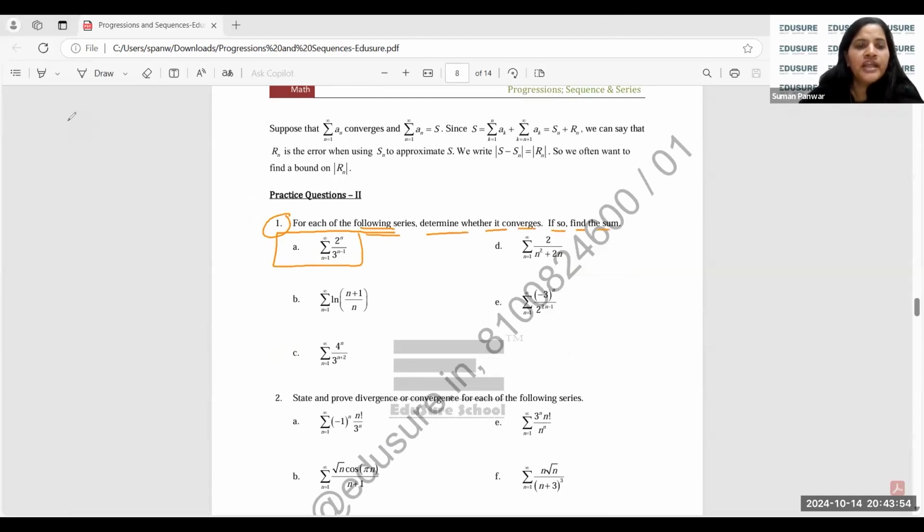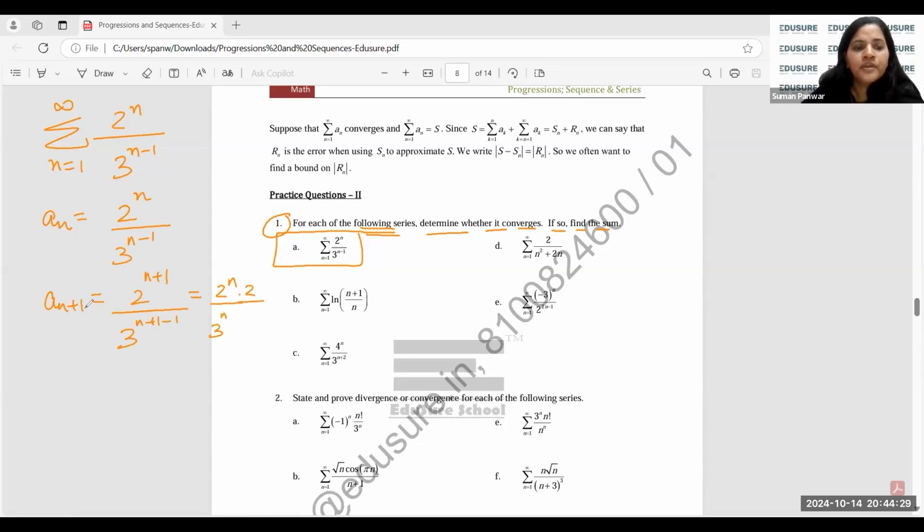So let us look at this series, sigma n going from 1 to infinity, 2 power n divided by 3 power n minus 1. So a_n is 2 power n divided by 3 power n minus 1. If you look at a_(n+1), it will be 2 power n plus 1 divided by 3 power n plus 1 minus 1, which is 2 power n into 2 divided by 3 power n.